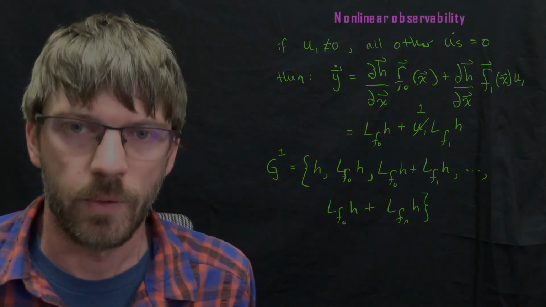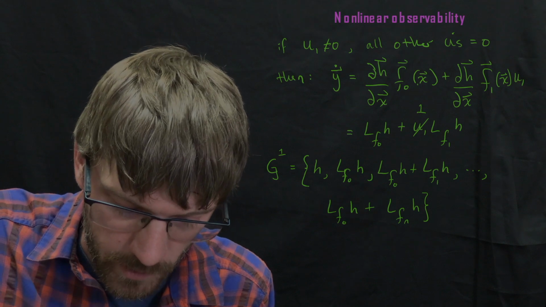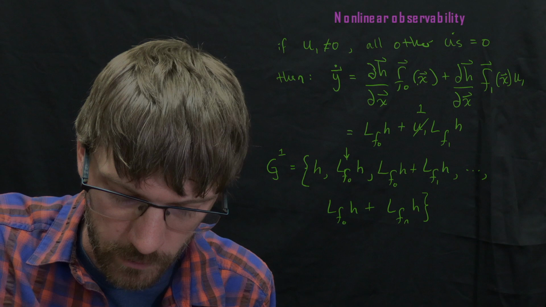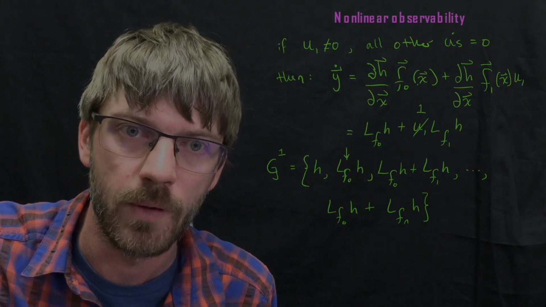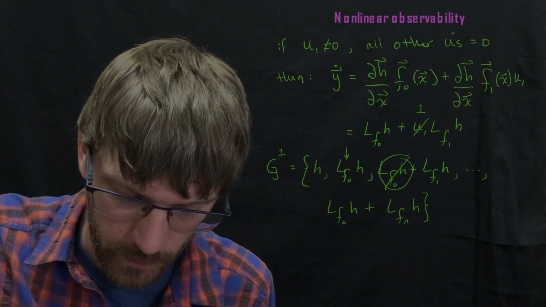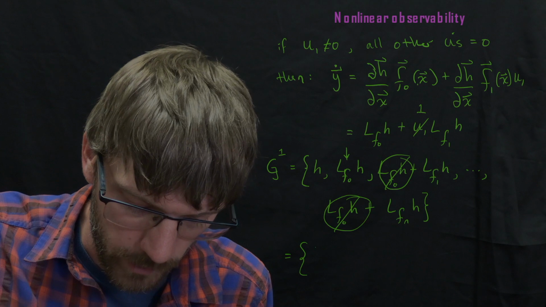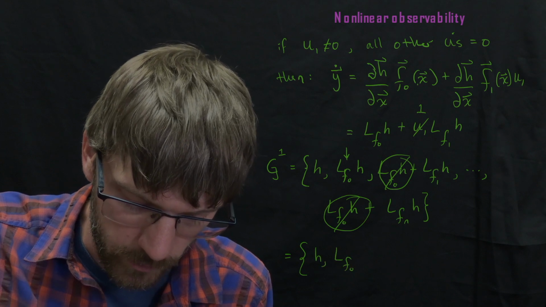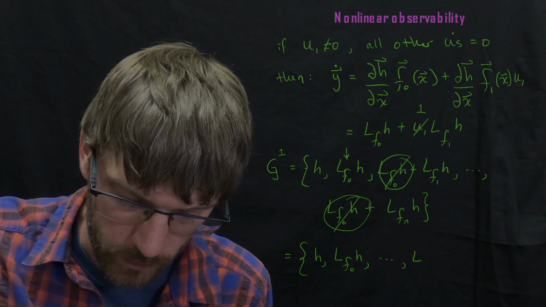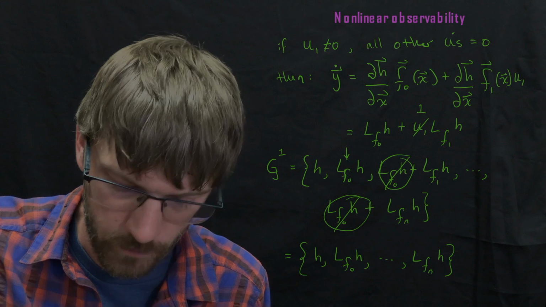Now, to evaluate what's going on, we can simplify things a little bit. Because L_f0 h is in that list, for the purposes of analyzing the observability, we can get rid of these terms here just to simplify things. So G is going to be h, L_f0 h, all the way out to however many controls we have.